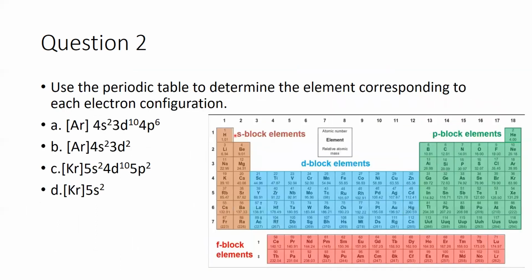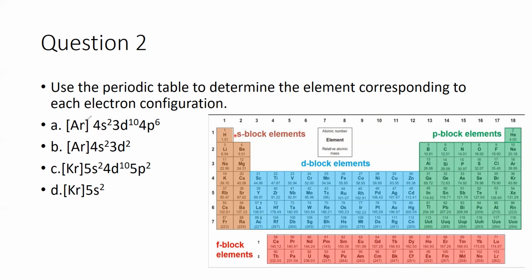So the way to shorthand this is for any element, if it has an electron configuration that is the same as a noble gas, you can just write the noble gas in brackets. Here I'm saying use the periodic table to determine the element corresponding to each electron configuration.